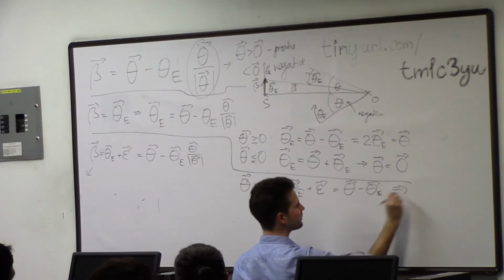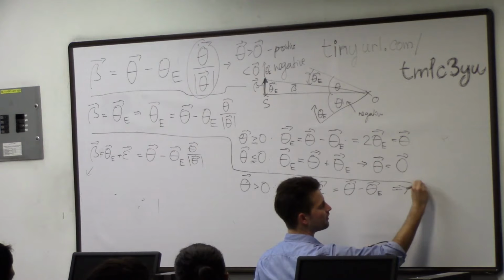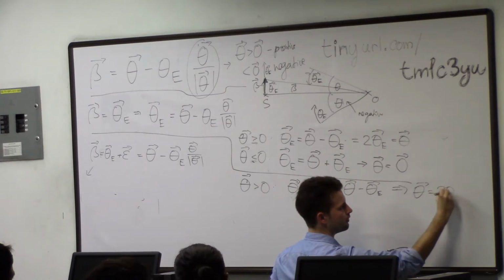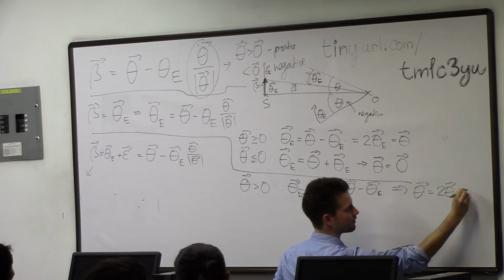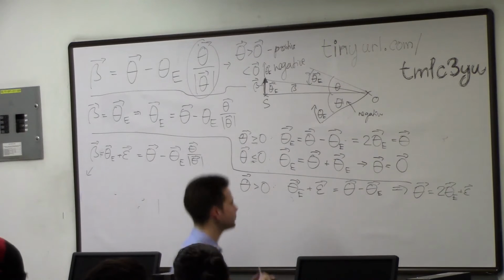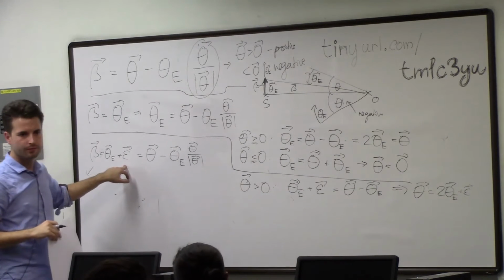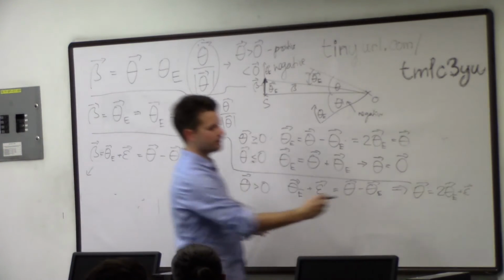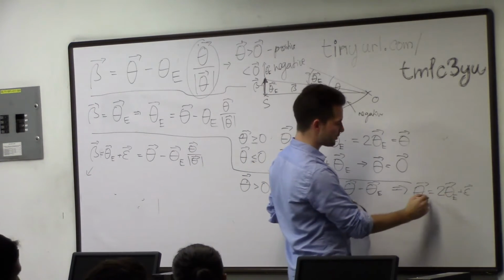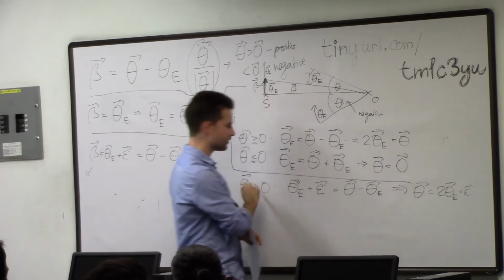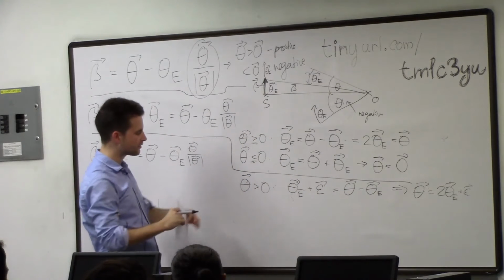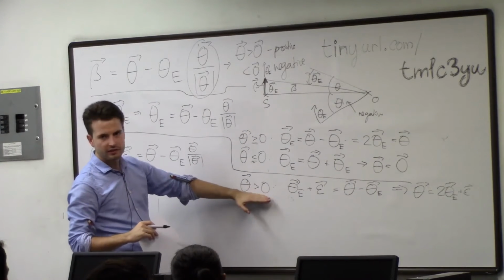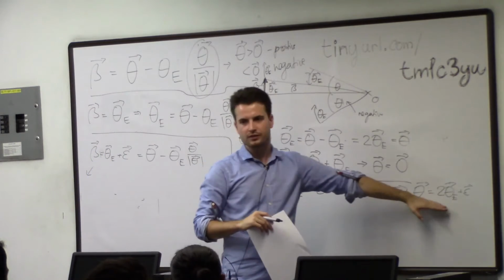And from this it means that theta equals 2 Einstein radii plus whatever vector epsilon we put here. And this is positive, so this is always greater than 0, right? We are still consistent. We set theta is greater than 0, this is greater than 0.